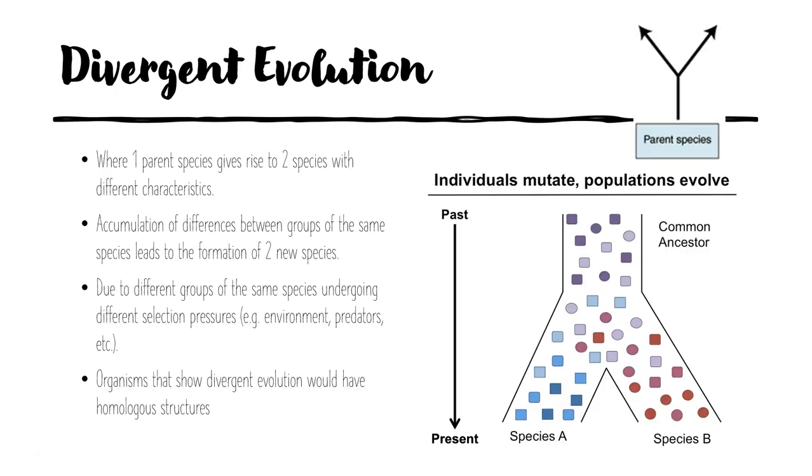So with divergent evolution, there is one parent species that gives rise to two species with different characteristics. This is due to the accumulation of differences between groups of the same species that will eventually lead to speciation and to new species. Different groups of the same species undergo different selection pressures. This is what we see with the finches that Darwin studied and the tortoises through the Galapagos Islands, and the organisms that show divergent evolution with homologous structures.